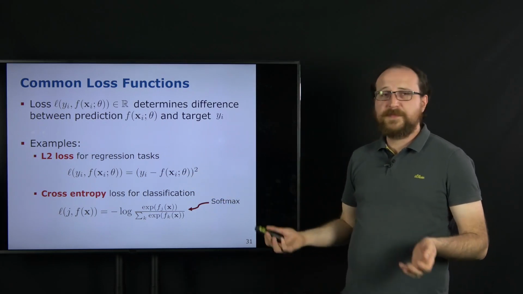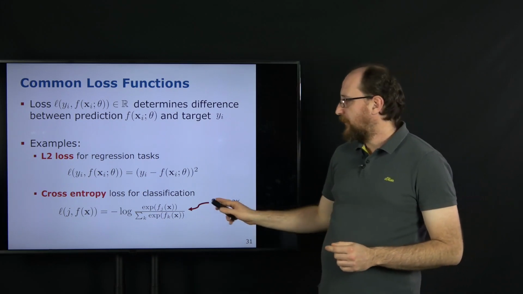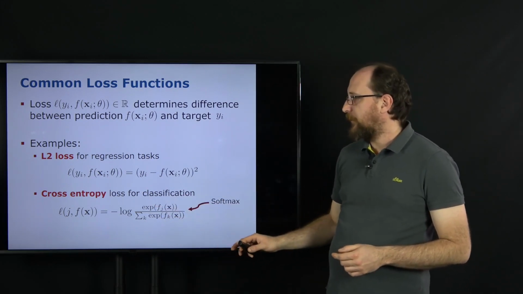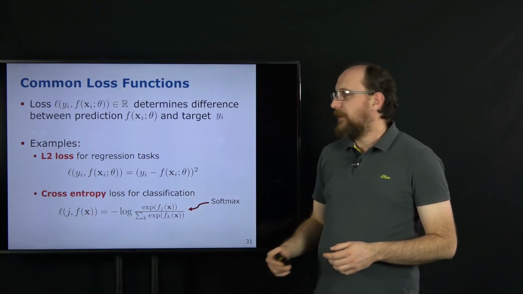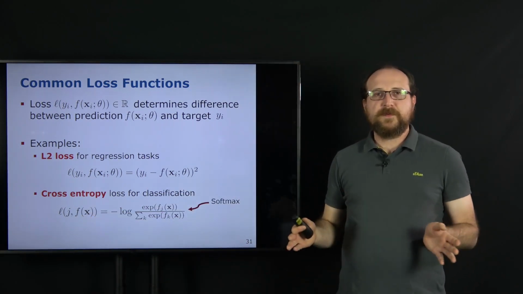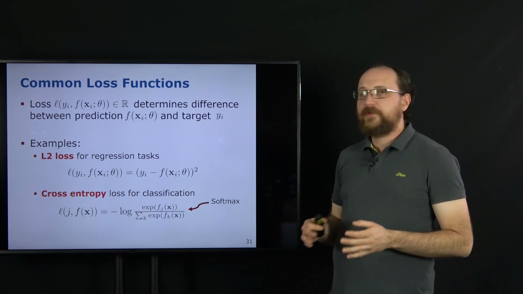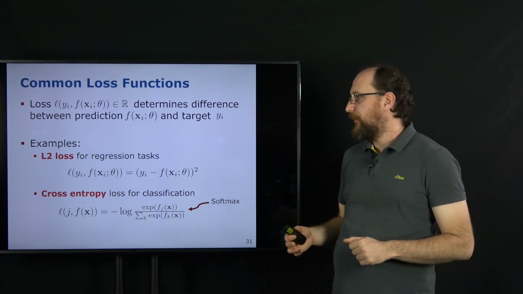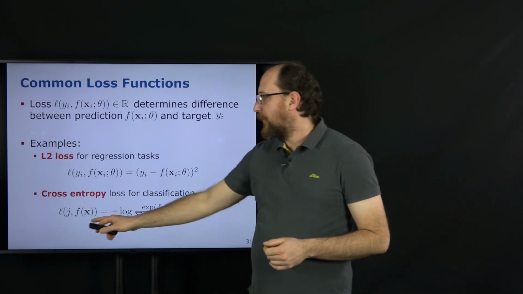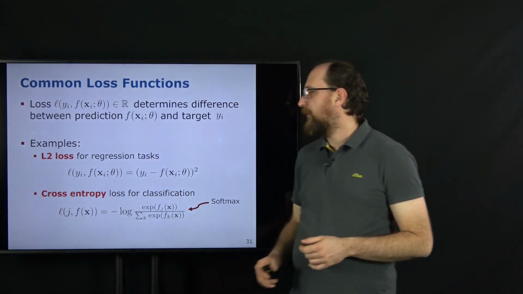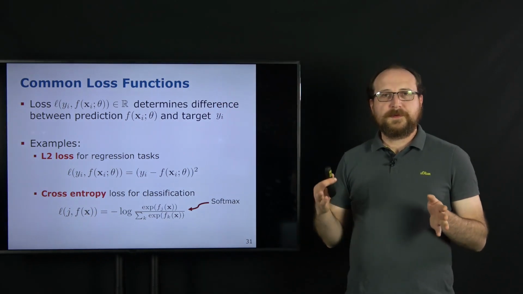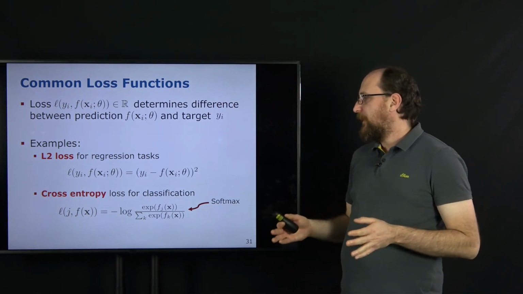For the cross entropy for classification, we are using the so-called softmax. The output of the network is basically C values, where the largest value should correspond to the right class. For instance, for the jth entry of this distribution, we want to have the largest value.